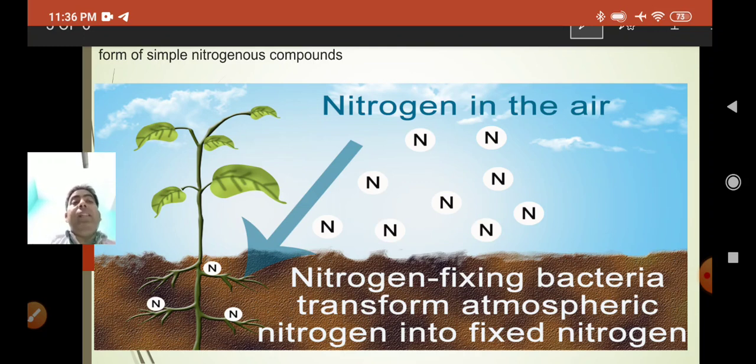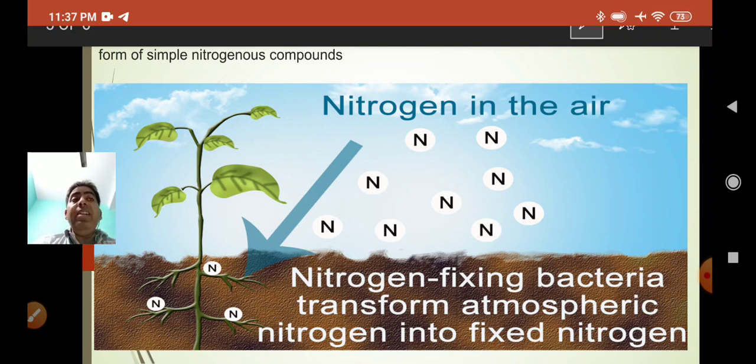How? The nitrogen which is present in the atmosphere is a complex nitrogen that cannot be easily taken by the plant. Then these rhizobium bacteria convert this nitrogen to nitrites and nitrates, which are simple nitrogenous compounds, and provide them to the soil, and this makes the soil fertile.